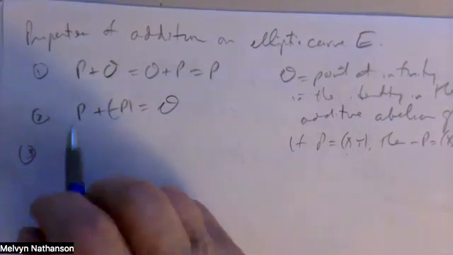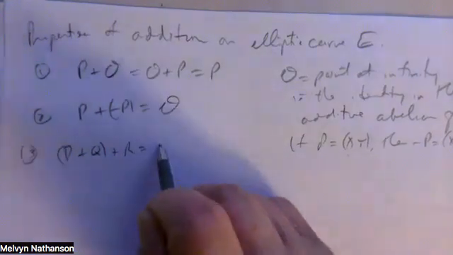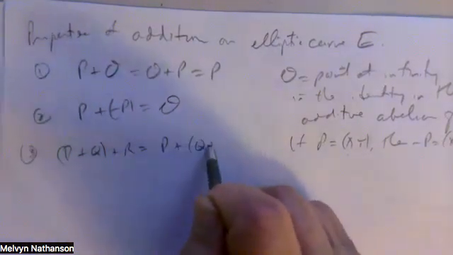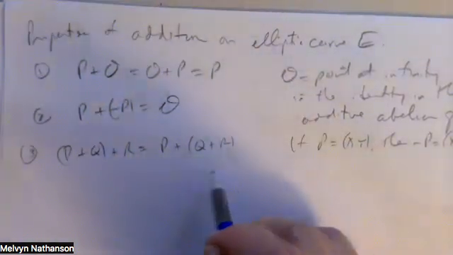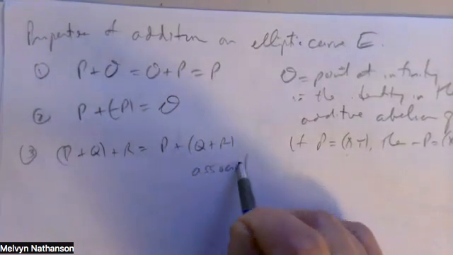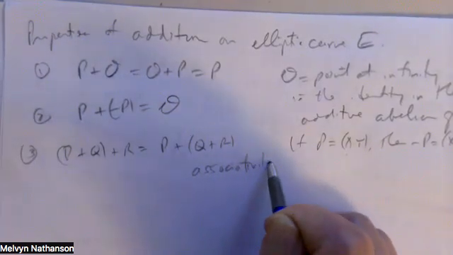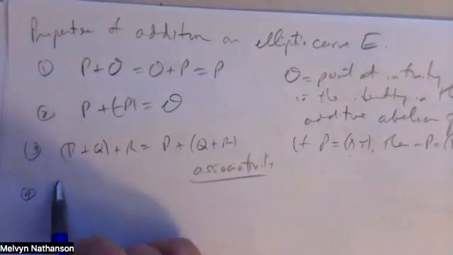Third, which is associativity, says if you add P plus Q and then R to that, that's the same as adding P to Q plus R. So this is the associative law. Associativity. And fourth, addition is abelian.